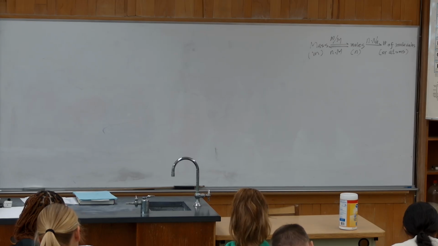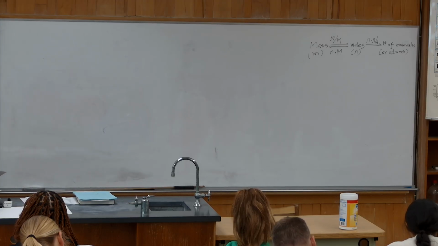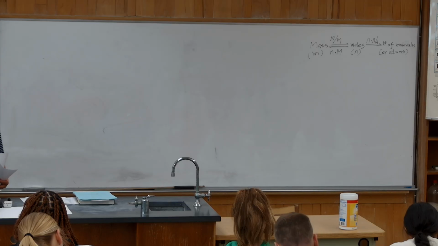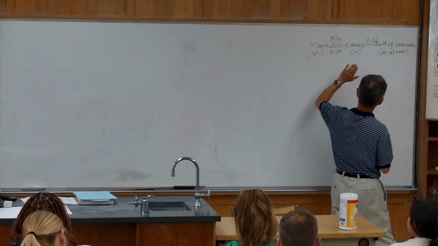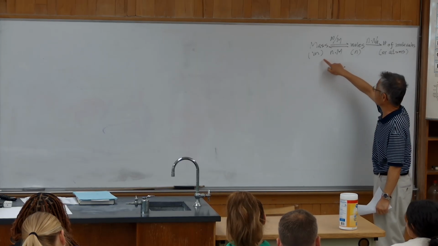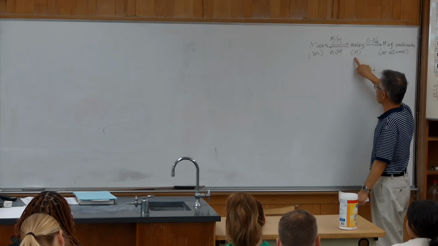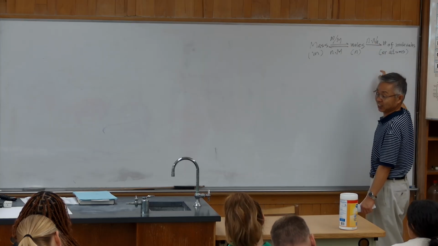So this time, they tell us mass and ask how many atoms. You need 2 steps, right? So mass first divided by molar mass to get moles, then multiply by Avogadro number, and you get the number of atoms.